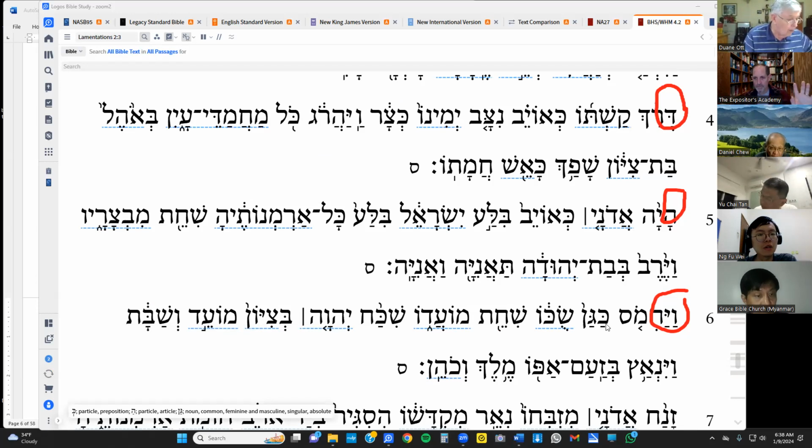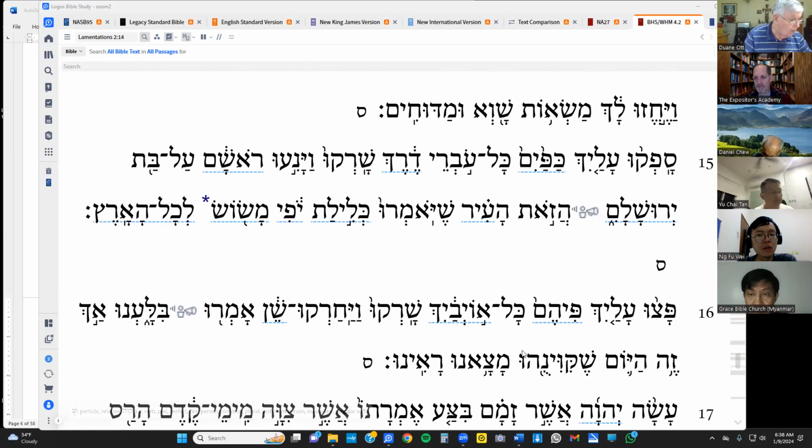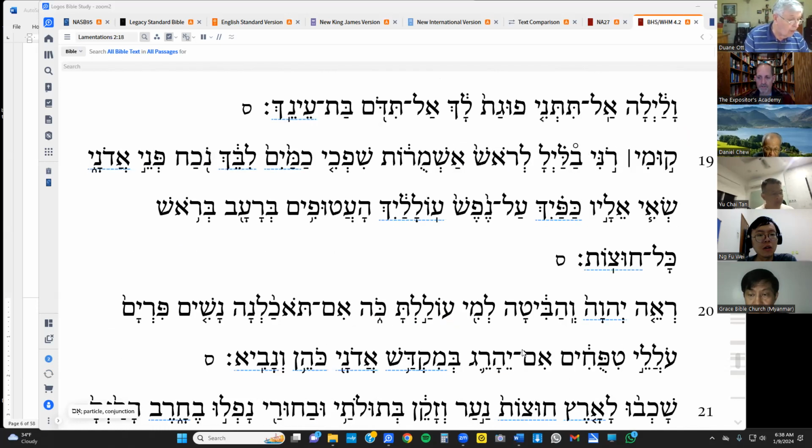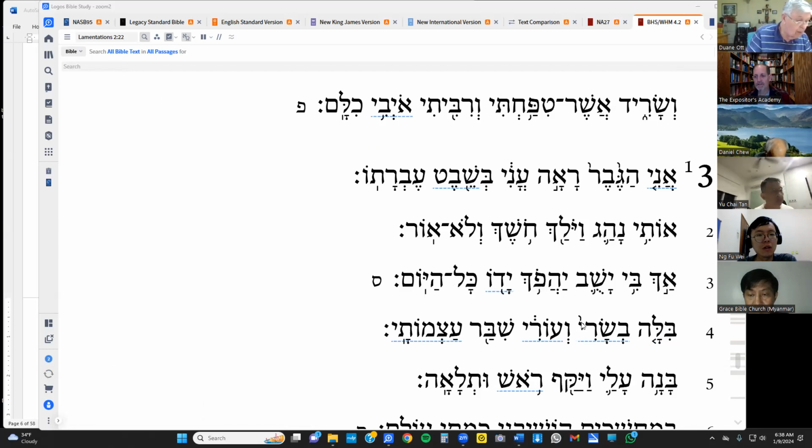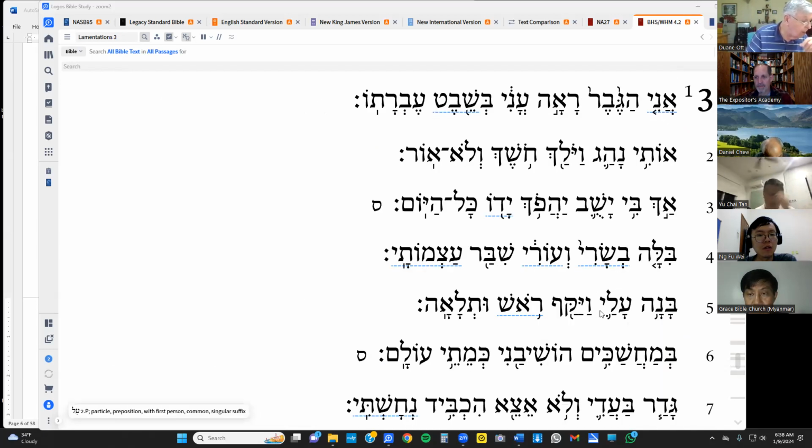One verse per letter. Chapter 2 has 22 verses, each beginning with the next letter. But when we get to chapter 3, there's a change. Do you see anything different? Do you see a pattern there?